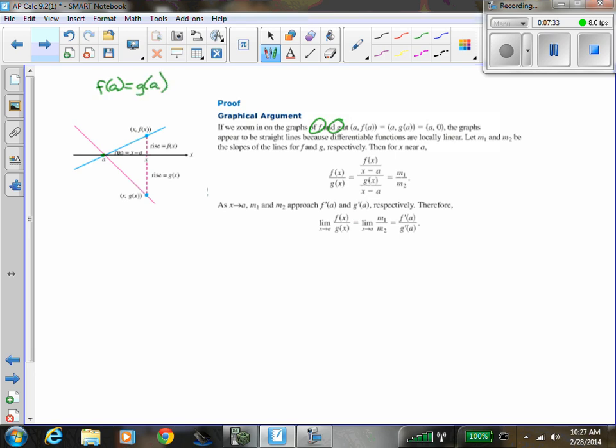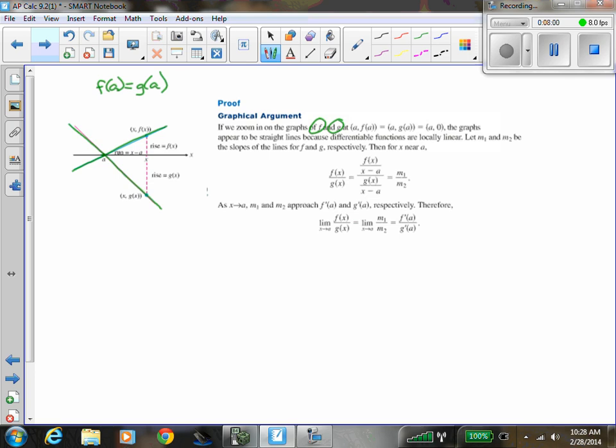All right, now remember that when you zoom in on a graph, if it's a differentiable function, if you zoom in enough, a graph is, quote, locally linear. So this graph, if I zoom in far enough, is going to look like a straight line. And so is this one. But they look like two different straight lines.